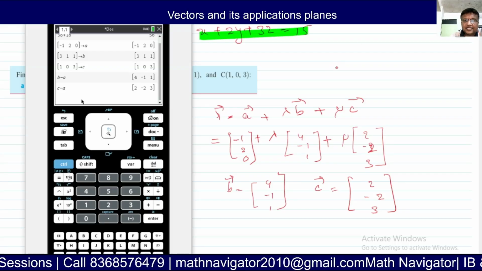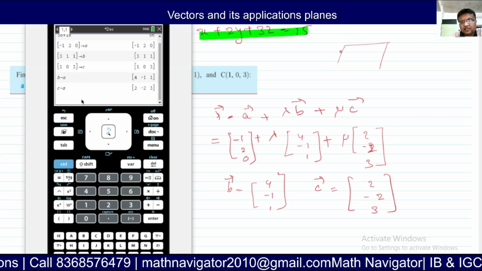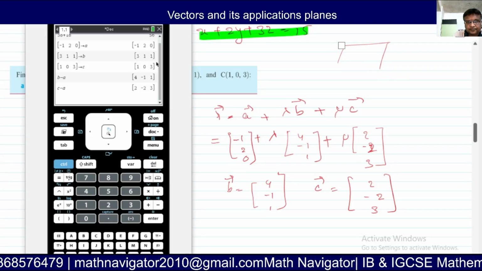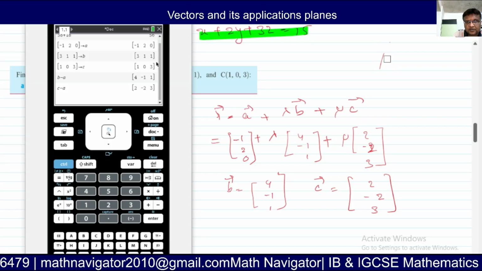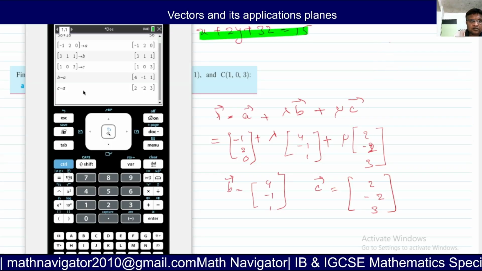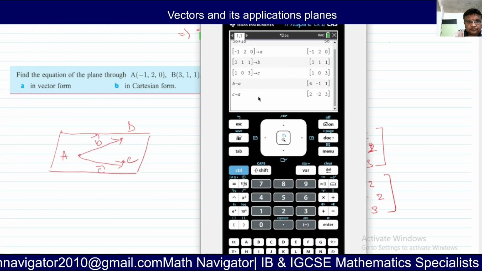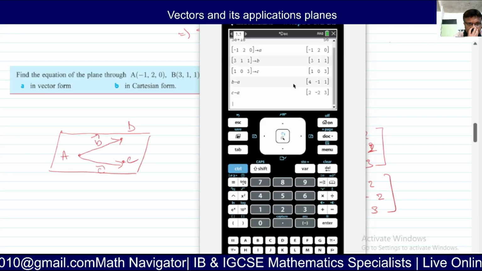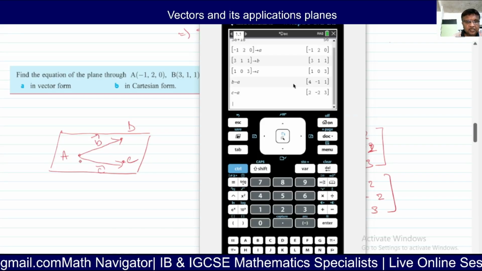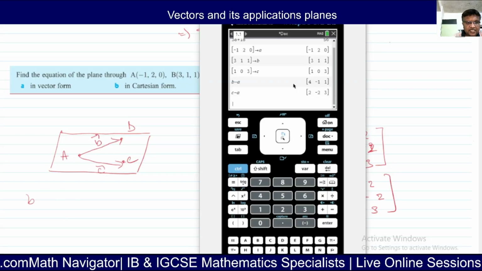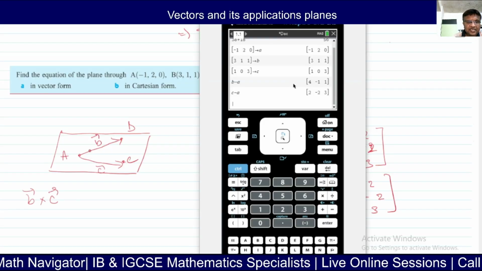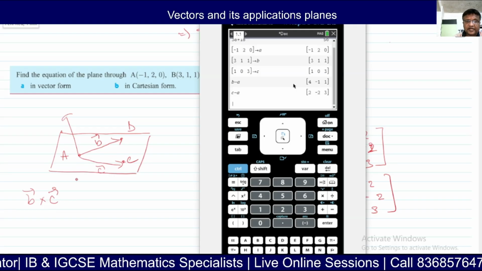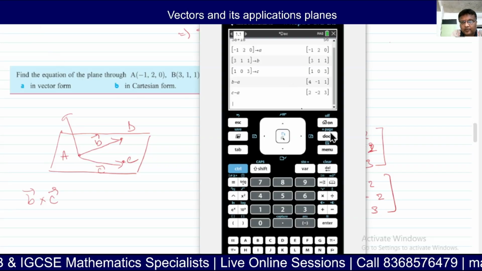We need to understand that if this is my plane, then this vector B cross vector C will give me the normal, because the cross product of two vectors is perpendicular to both the vectors. So I need to take the vector product, right?